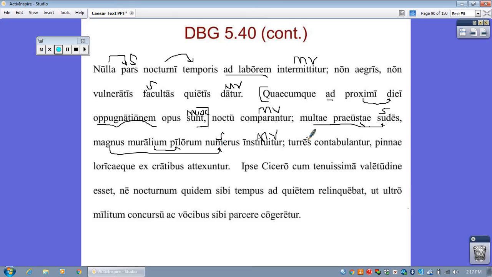And what about this? Tures contabulantur. Contabulantur would be the verb. Tures is the subject. We've seen that already. Turrets. Turrets are being built or built up. And then we have penai loricaeque ex cratibus atexuntur. Ex cratibus is a prep phrase. Atexuntur, main verb, once again, passive voice. Penai and loricae are going to be the subjects here.